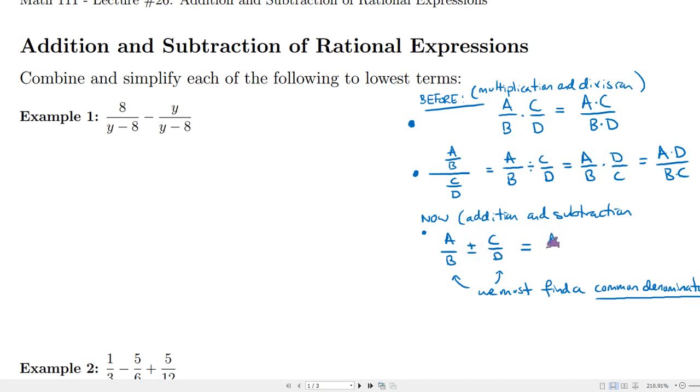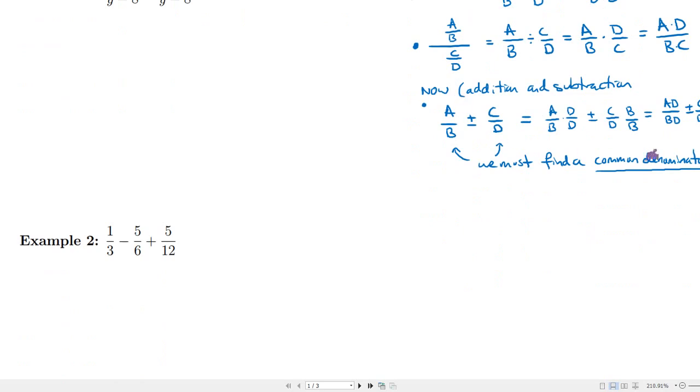I could take a over b and make d appear in the denominator by multiplying by 1, written as d over d. Then I multiply the other expression by b over b, and that gives a common denominator. So ad over bd plus or minus cb over bd. Now that I have a common denominator, I can proceed and simplify.